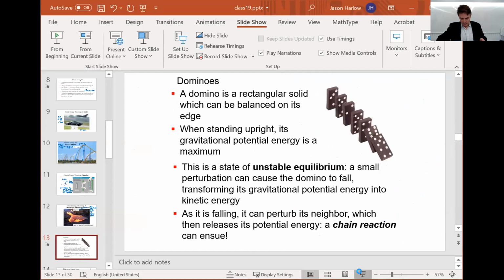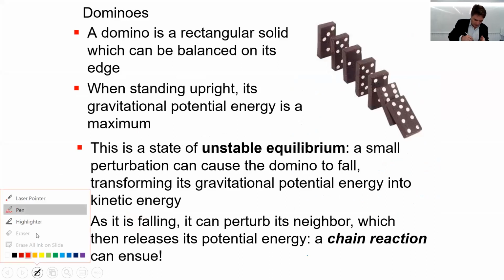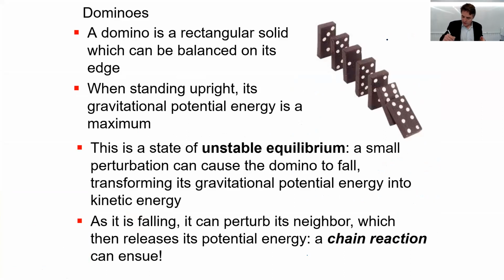So the way we sometimes do it is we make a plot of your potential energy versus position. If this is position, and this is potential energy, which is sometimes called U, and I could call it U sub G, if it goes like this, then that's stable equilibrium.